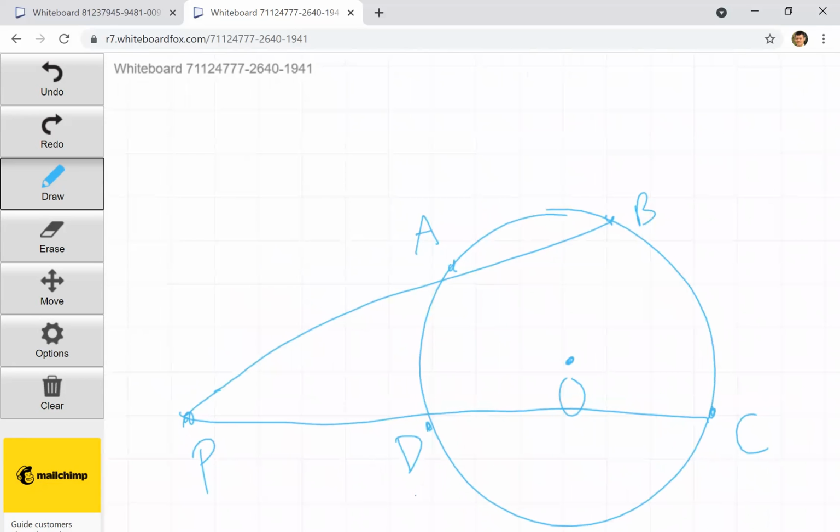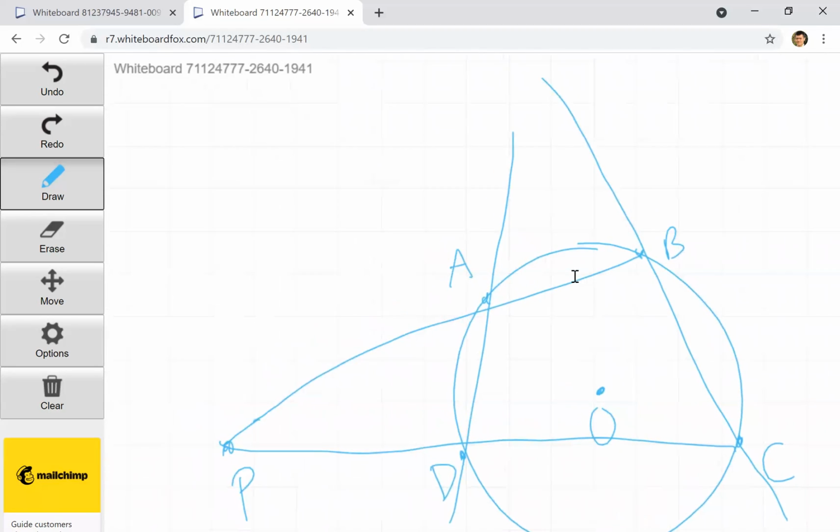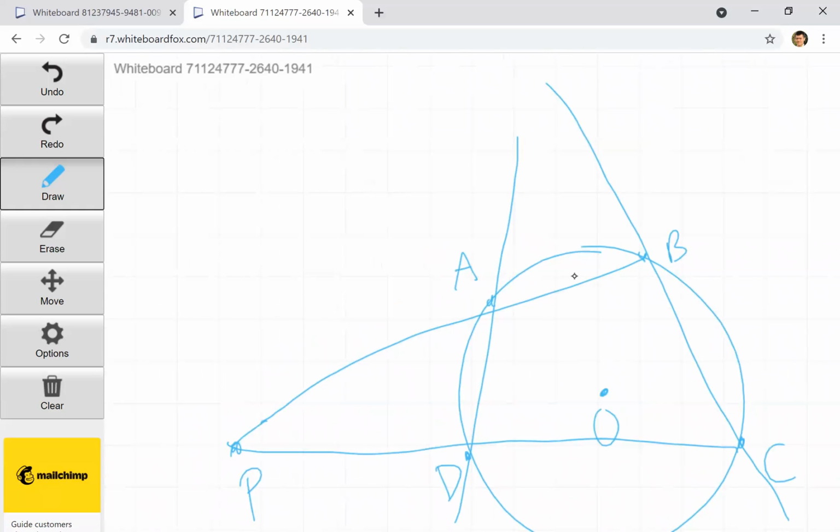So this is a complete quadrangle. So this is Q. R is the intersection of AC and BD.